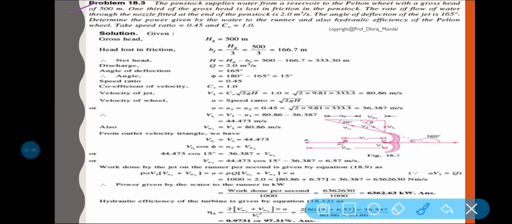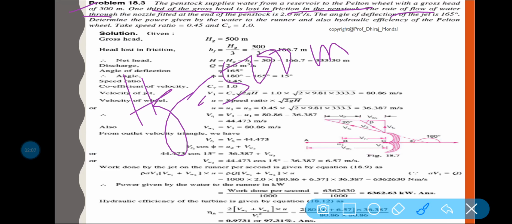Problem number 18.3. The penstock supplies water from a reservoir to the Pelton wheel with a gross height of 500 meter. So the gross head is given as 500 meter.